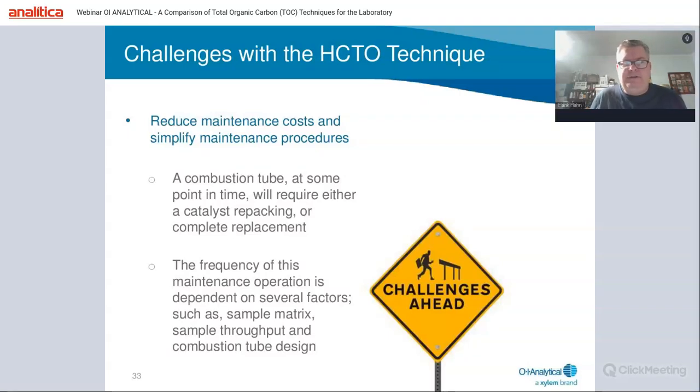There are some challenges: reducing maintenance costs and simplifying maintenance procedures. The combustion tube at some point in time will require repacking or replacement. That's why with our design for our 1080 TOC, we came up with the catalyst guard to help extend that life. Also, the frequency of maintenance is dependent on several factors, such as sample matrix, sample throughput, and the combustion tube design.